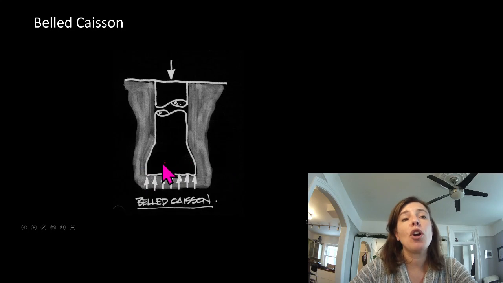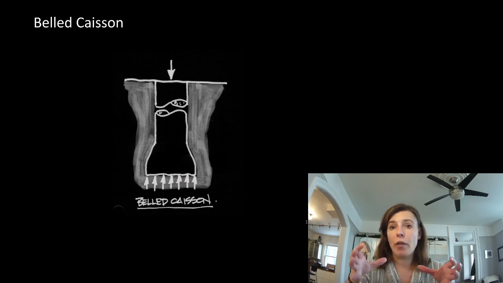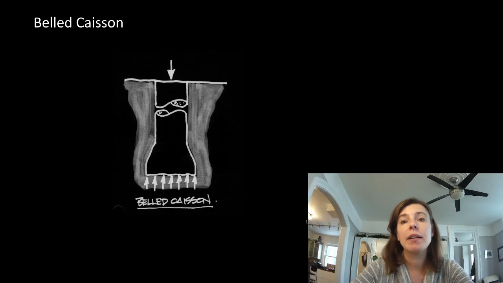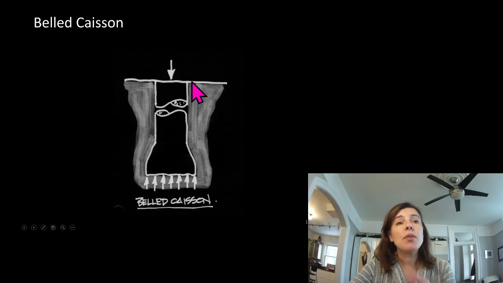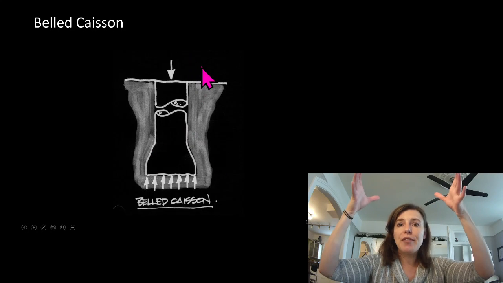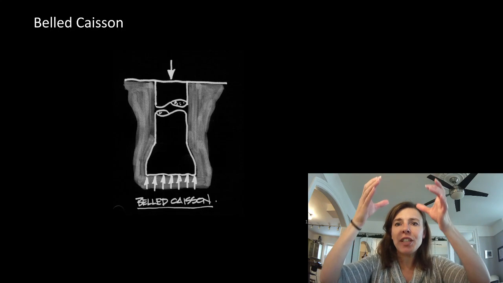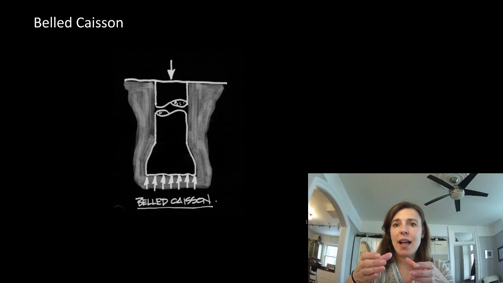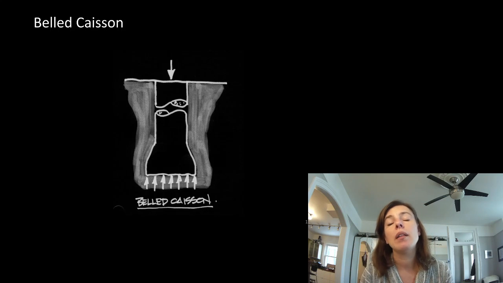Belled caissons are where we actually make the bearing capacity at the bottom work for us by making the bottom bigger. I had always heard of these, but in Toronto, the machines that make these bells aren't very common. So you can imagine that either you have to make your hole big enough to get that soil out, or you need a machine that goes down with a hole this size and then flares open and scoops out extra soil.